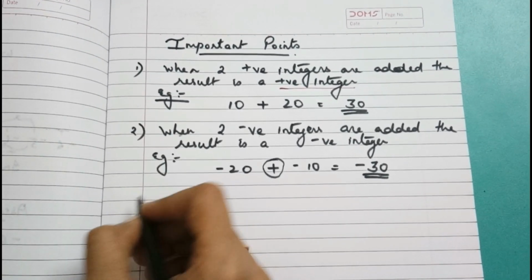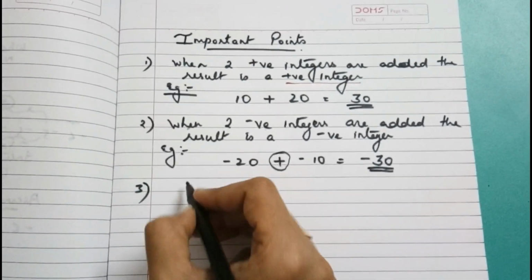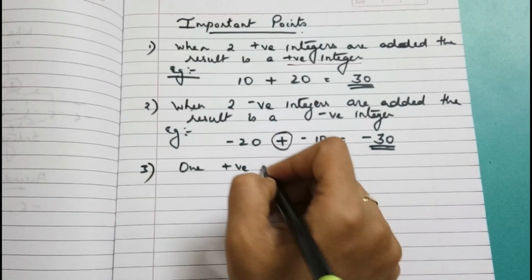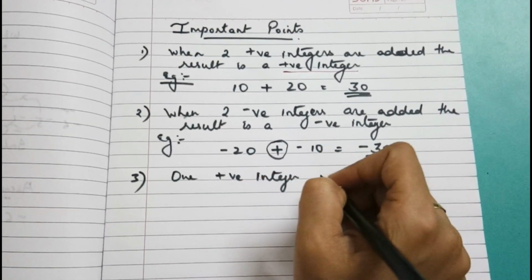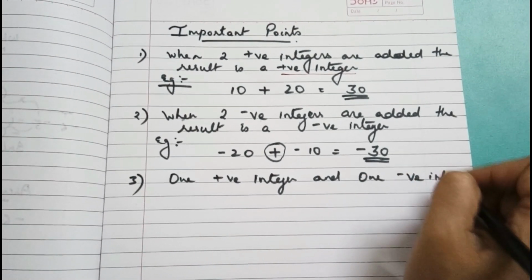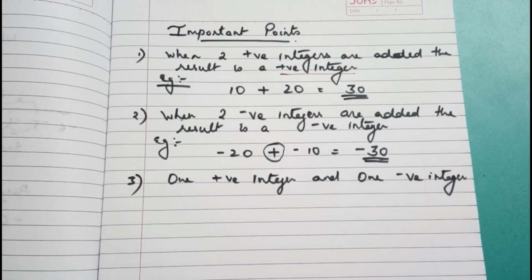Now let's see the case where there is one positive integer and one negative integer. How to go about this?